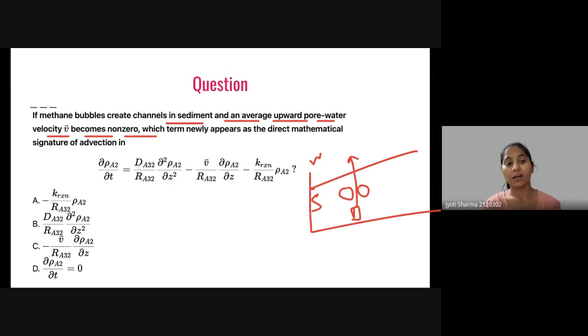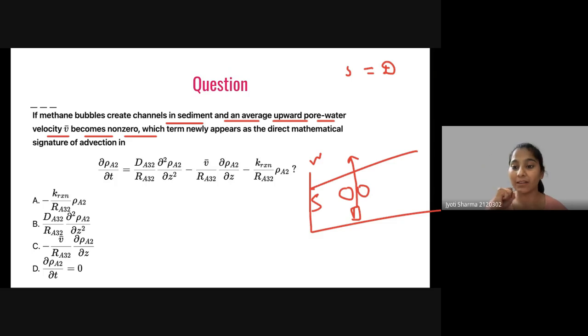It means the bubble that has been created in the sediment is giving the velocity to transfer. So this is something we learned, that in the sediment side we have just the diffusion, right? And because of the diffusion there is a flux. What we are saying here is that we have methane bubble, and methane bubble is having some velocity.